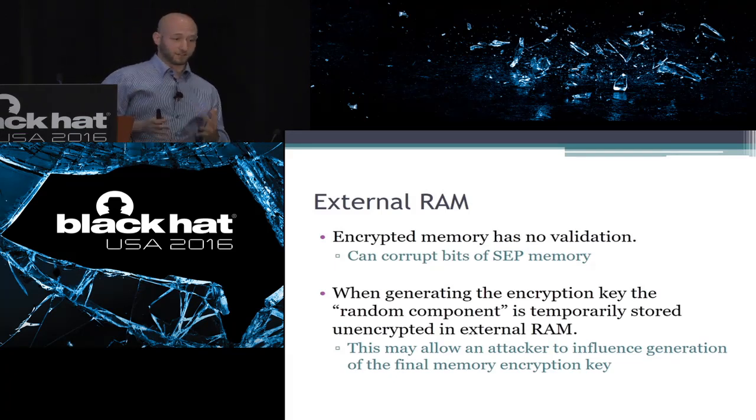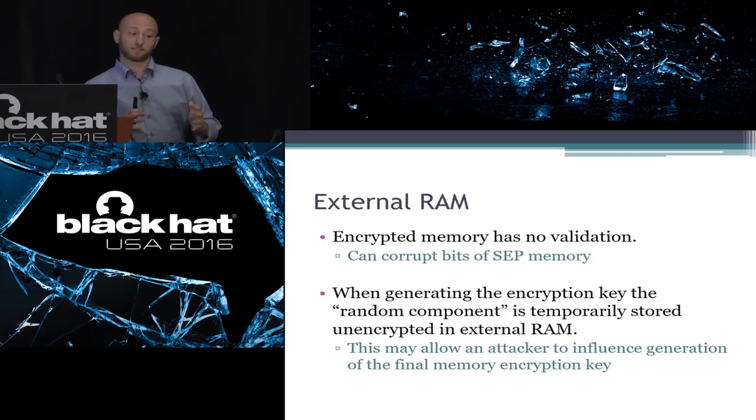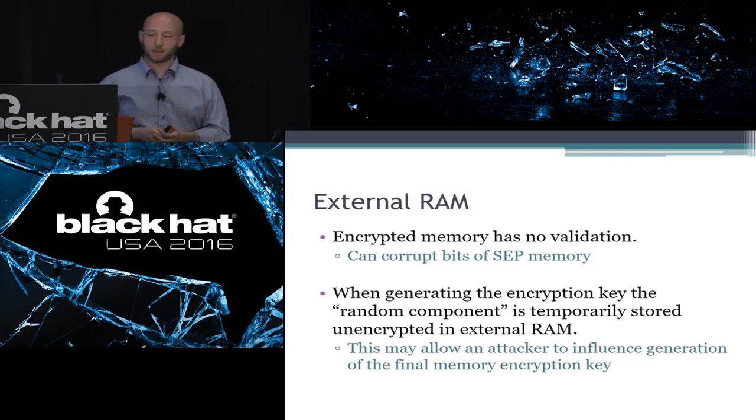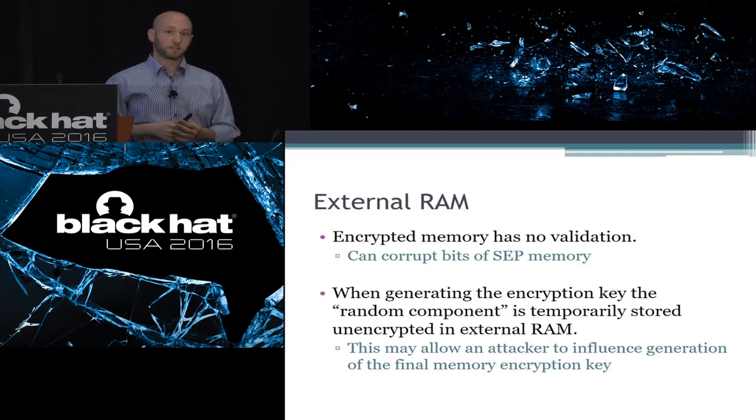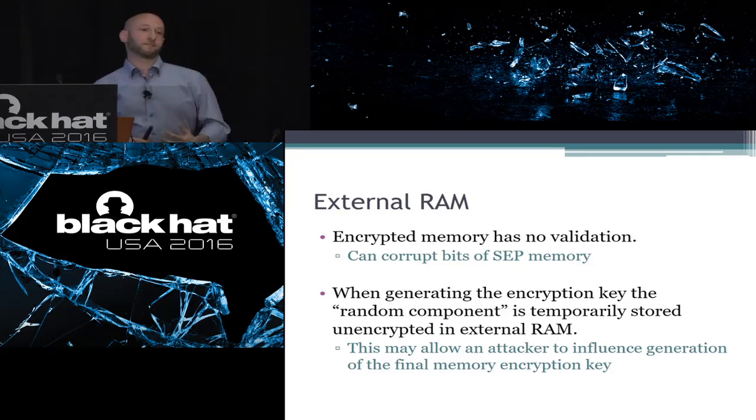So that can potentially affect the performance or affect how the device is running. Another portion is that the random part of the key generation is actually temporarily stored in unencrypted RAM. So if you're able to control that, you can effectively control how the key is generated.